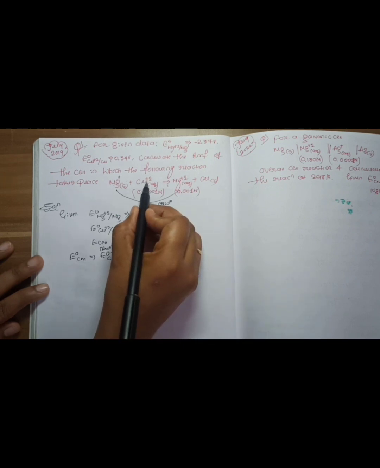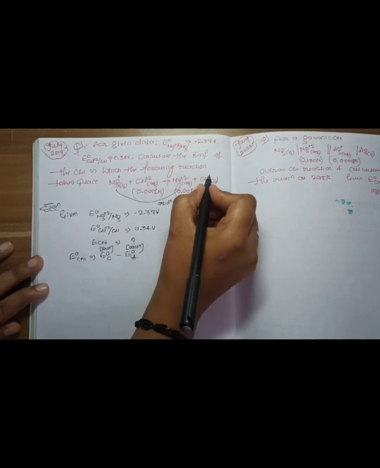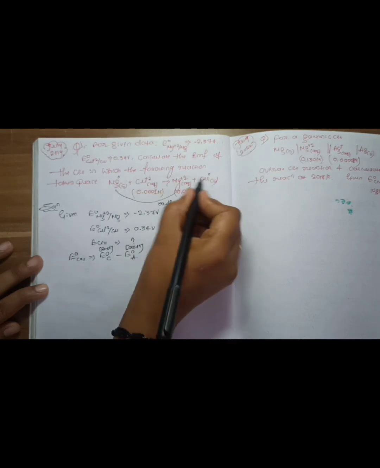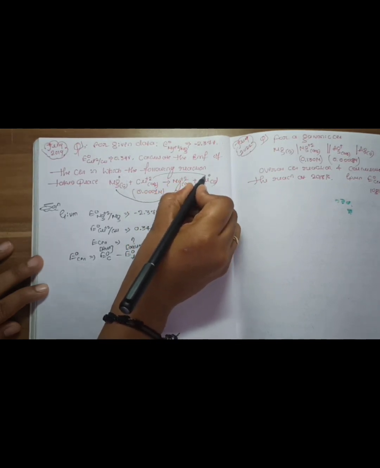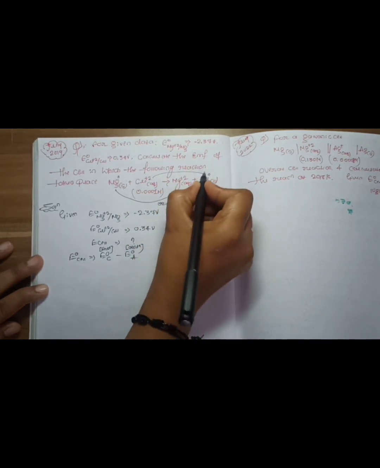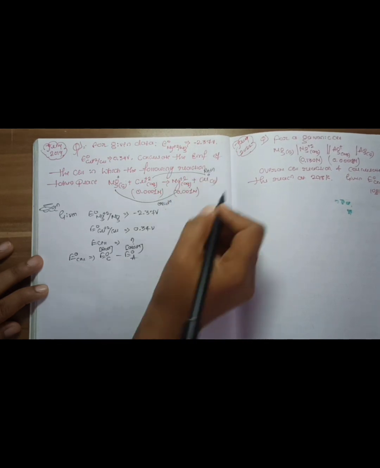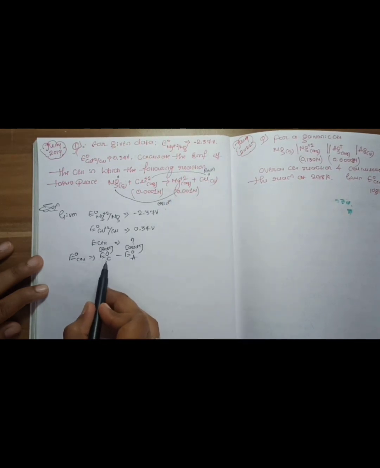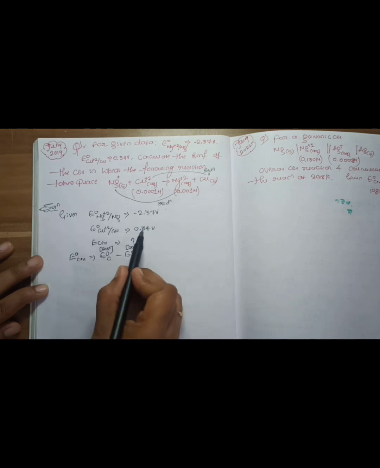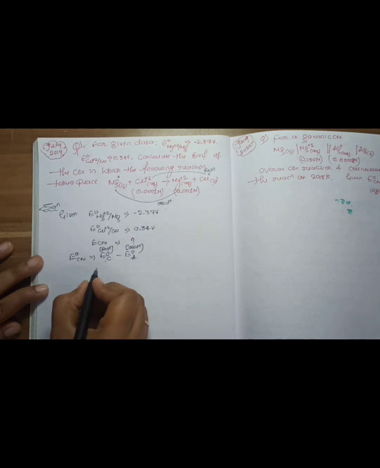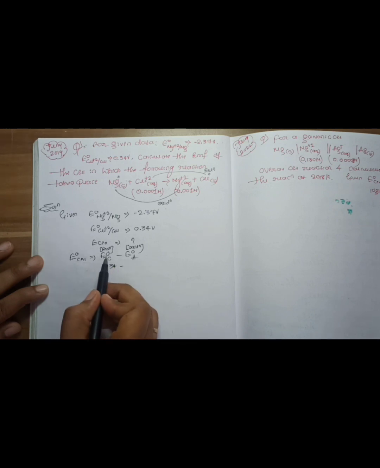Now here copper plus 2 to copper 0: plus 2 to 0 is a decrease in oxidation number, so this is reduction. So the reduction value, the copper value, we have to write here, that is 0.34. Why? Because the E naught of reduction we have to write first.